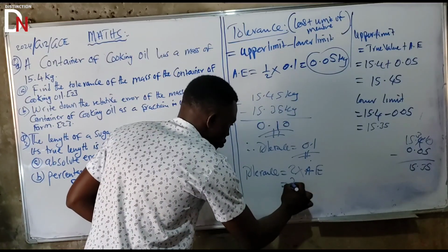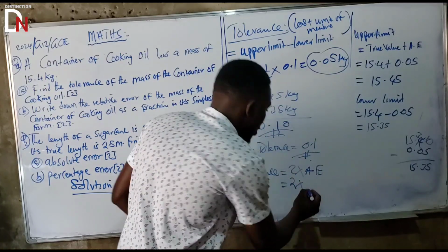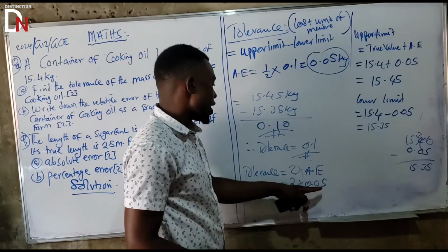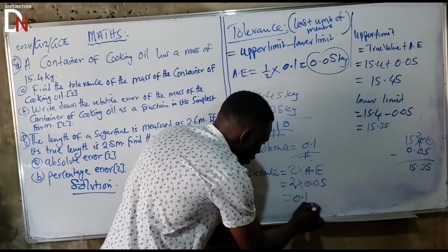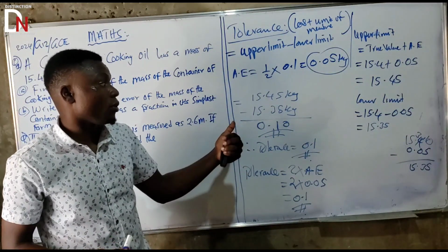So 2 multiplied by 0.05 gives you 0.1. That's how you can find the tolerance. So this is very simple.